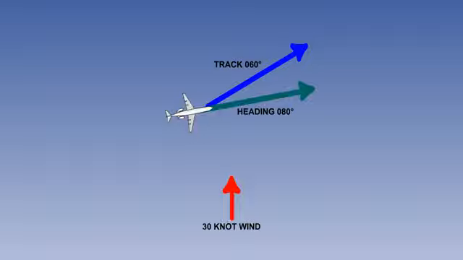In order to stay on track, you will have to adjust your heading by pointing the nose of the aircraft into the wind to compensate for drift. In our example, let's say that there is a 30-knot wind from the south. The pilot may choose a heading of 080 to compensate for the drift and keep him on the 060 track.